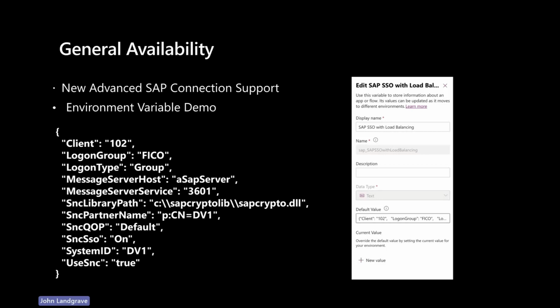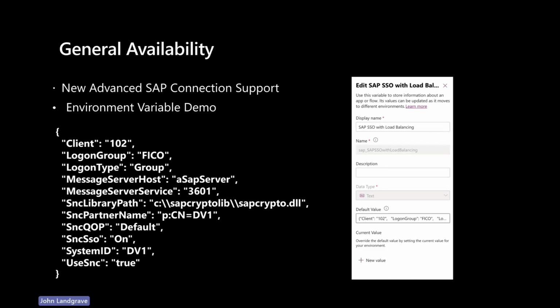The most significant change that you'll see in this versus the old connector is the ability to create an environment variable, which is effectively just a JSON string today, and that string allows you to define the characteristics of the connection to match your specific SAP configuration, right?